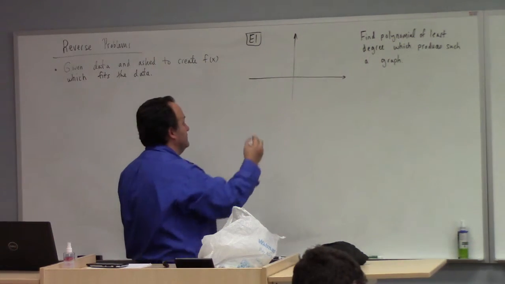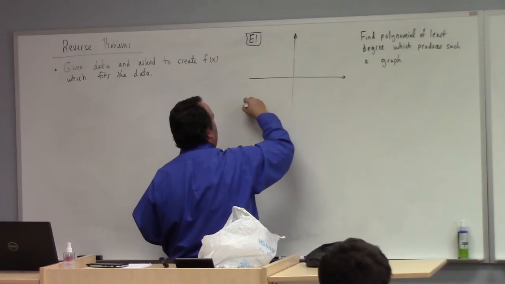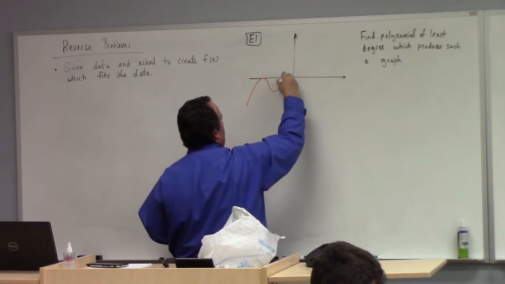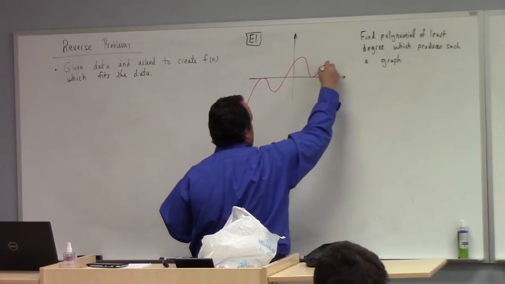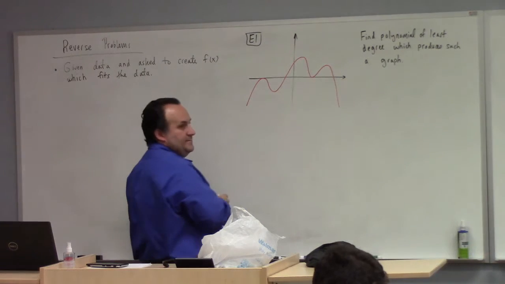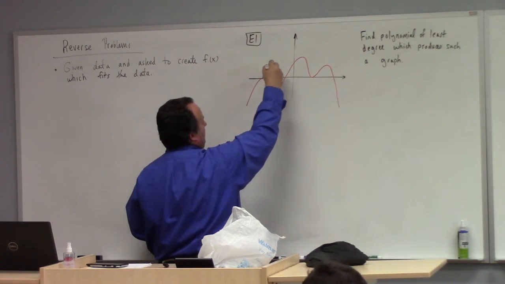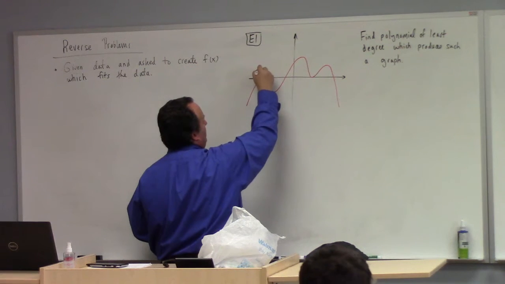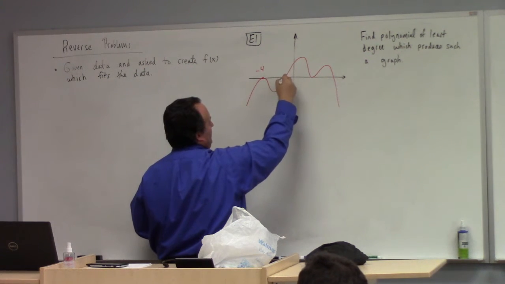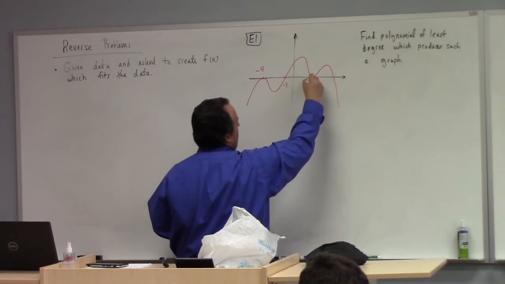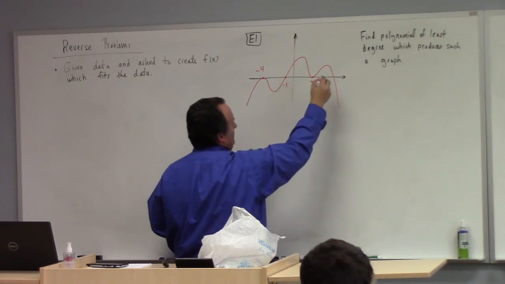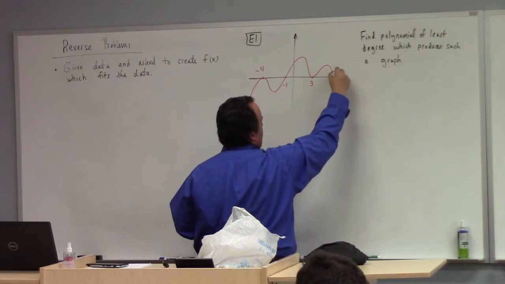All right, so what's the graph I'm talking about? Here we go. We're going to bounce, we're going to cross, and we're going to bounce, and we're going to cross again. I'm going to tell you the bounce happens at, let's say, -4. This happens at -1. This happens at 3. And this one over here happens at 5.